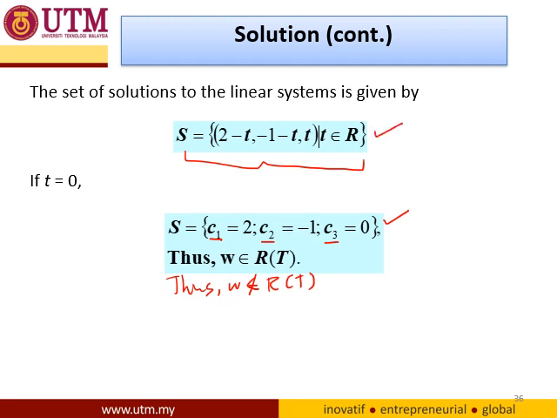If t is equal to 0, this will be the value for each of our scalars C1, C2 and C3. So we can say W belongs to the range. But if we don't have a solution, we write that W does not belong to the range. The question depends on chapter 3. Many of the things you do here depend on chapter 3, where you need to know how to solve the linear system until you get this solution, and then you will find your answer. I hope you can interpret it well.